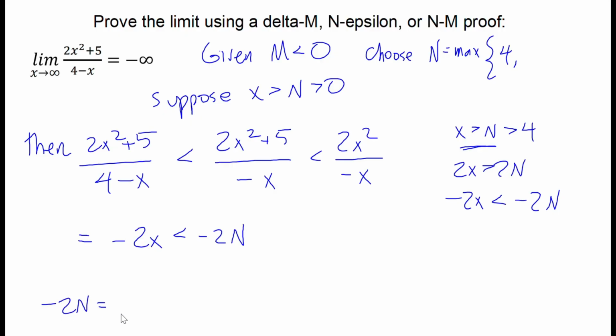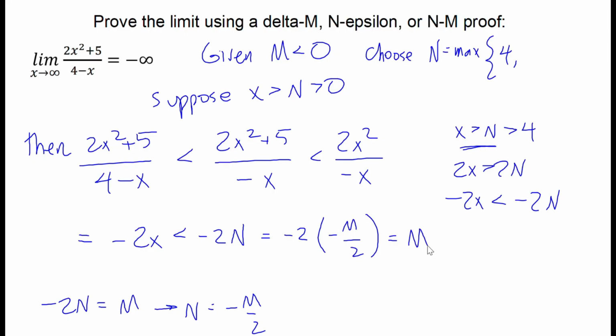We just let negative 2n equal m, which means that n is going to equal negative m over 2. So this is equal to negative 2 times negative m over 2, which is just equal to m. So we want to choose n to be the maximum between 4 and negative m over 2.